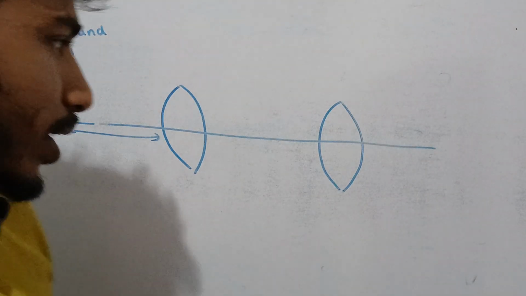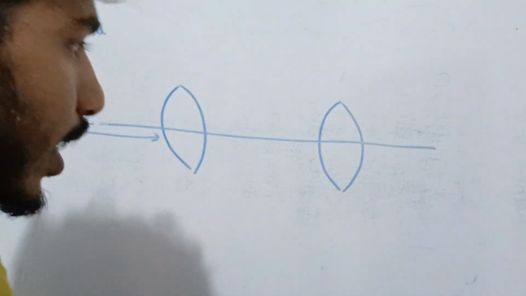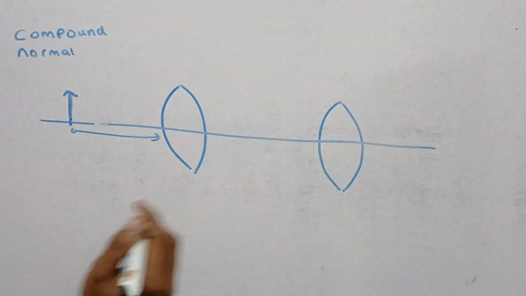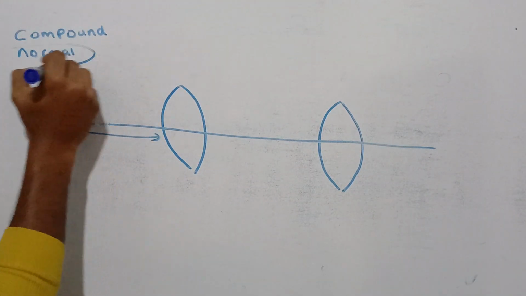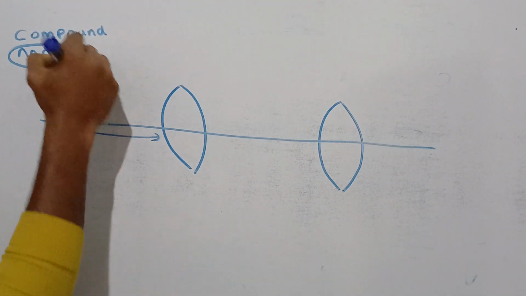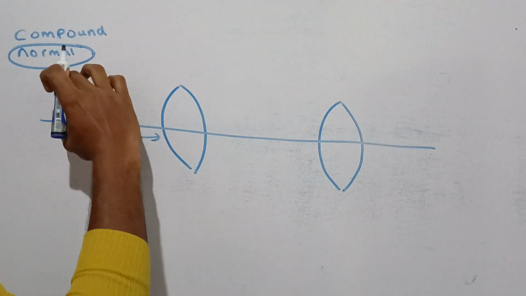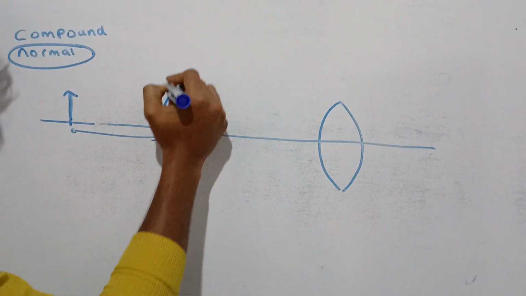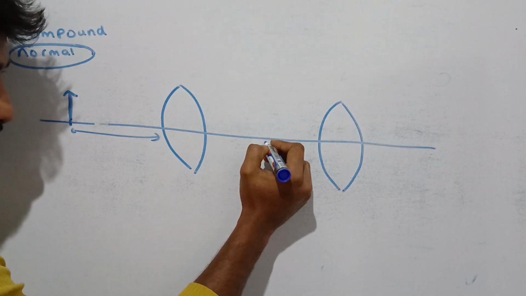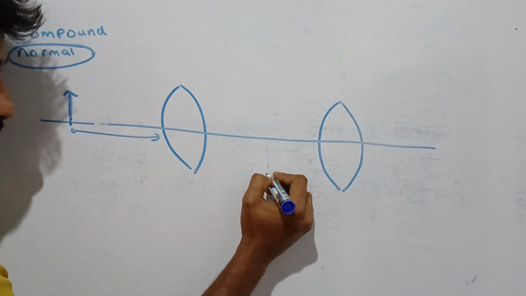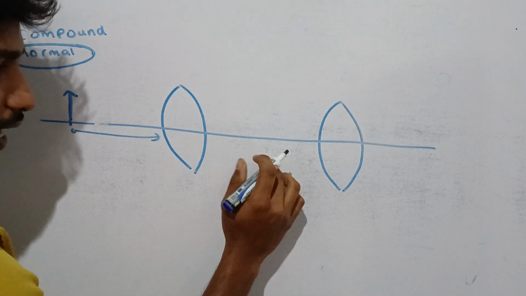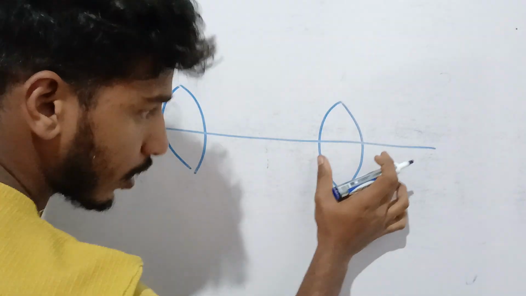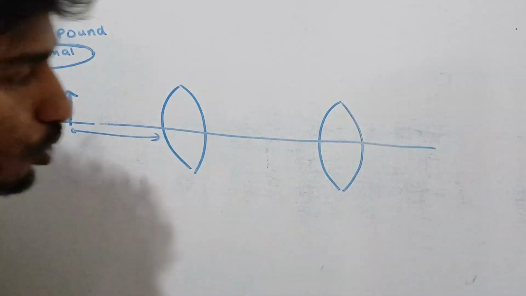When you're drawing the ray diagram, you don't need to have a certain scale. In a normal adjustment, this object is subjected to the objective lens, and an image is created in this section, and that image will act as an object for the eyepiece, and again a final image is produced.